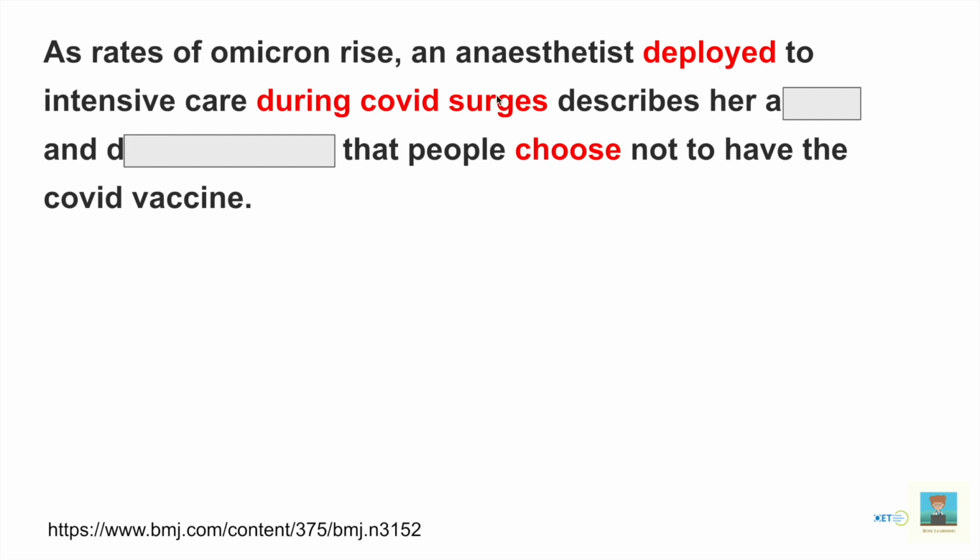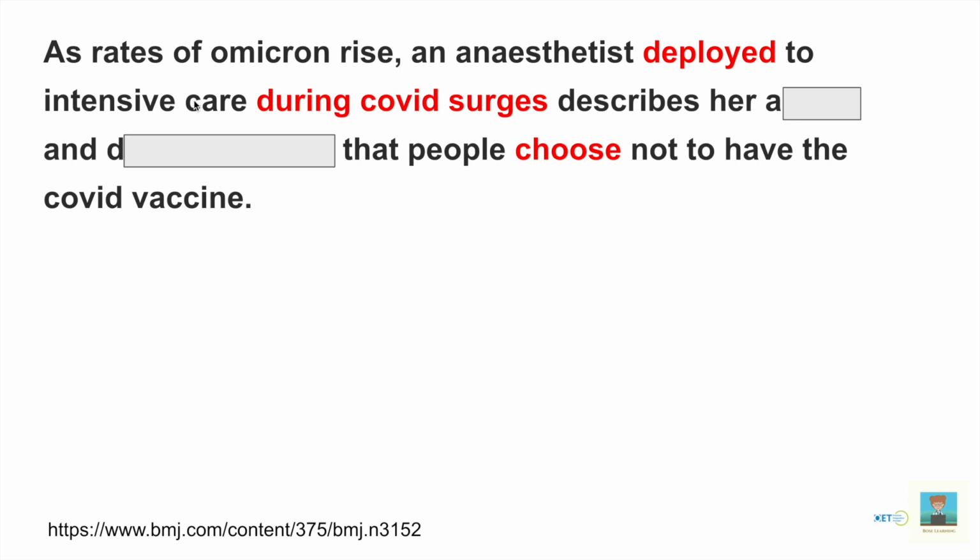You'll also notice that I've picked out some words in red. Again, this helps me read into what she's written, or into the summary of what I can expect to read. So she's an anaesthetist, okay. She has been deployed to intensive care.